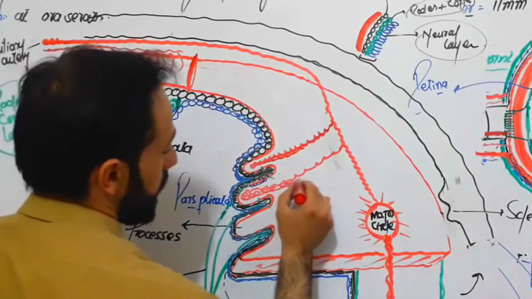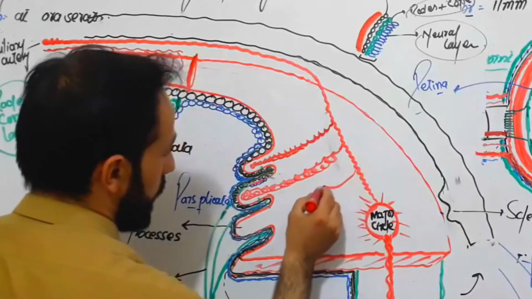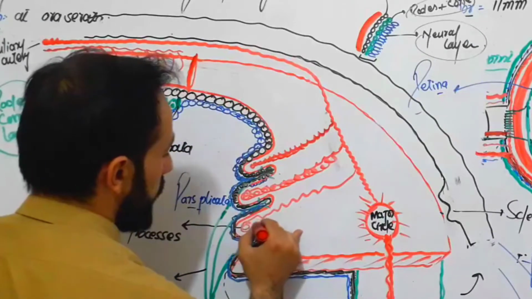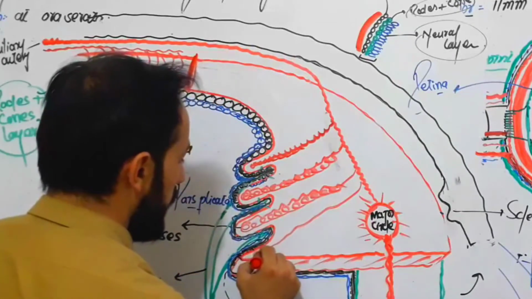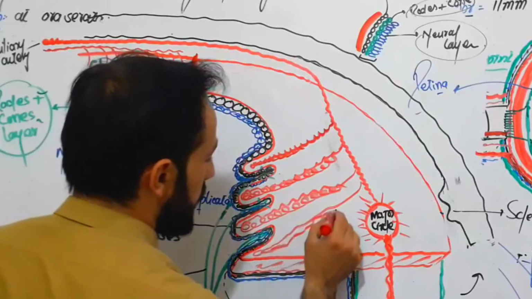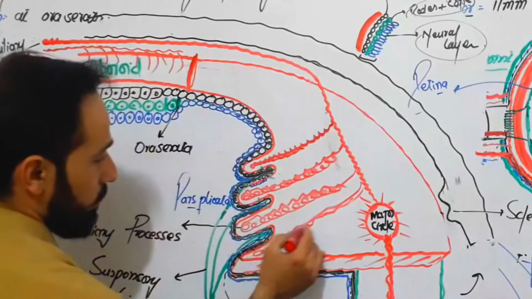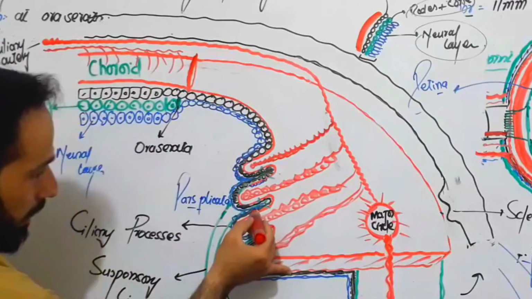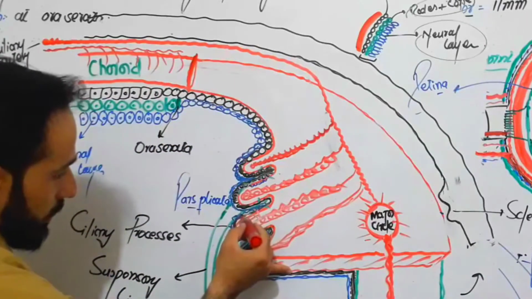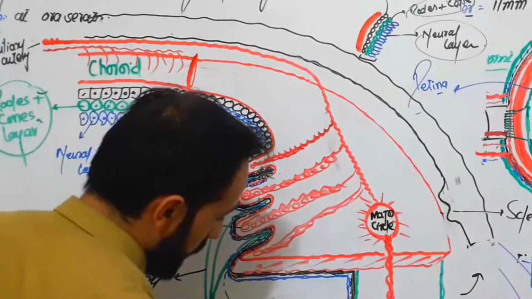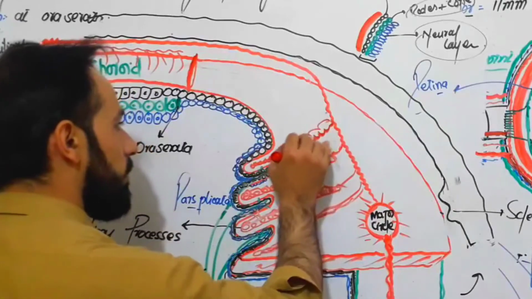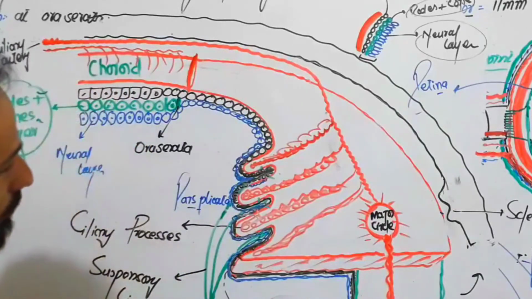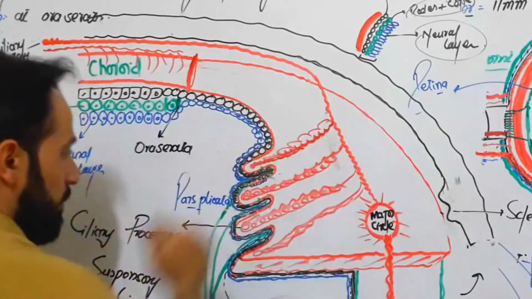Through these arteries the plications take their nutrition, and these epithelial cells take nutrition and will make the aqueous humor from them. We are not going to discuss that aqueous humor now, we will discuss it later, right? So these are the capillaries which go towards the plications.